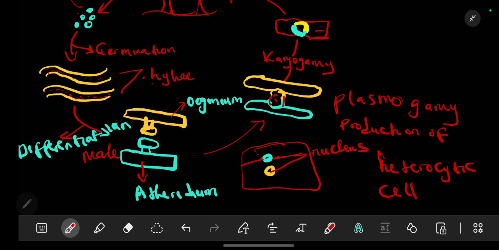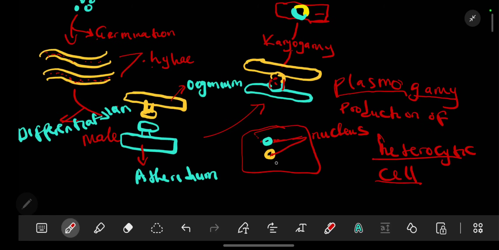So as you can see, these two nuclei are from different hyphae. Now this is what we call plasmogamy. Plasmogamy leads to the production of a heterocytic cell. So this heterocytic cell is just a cell that contains the two nuclei that are not merged together. As you can see, they are not merged.